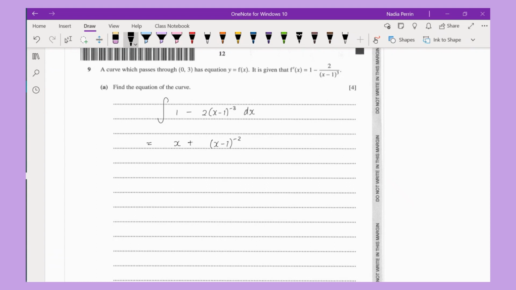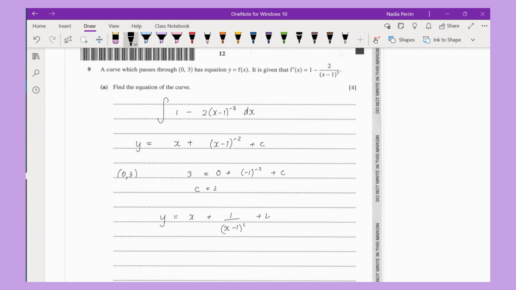And then we're going to add c on the end. Now we know that the curve passes through those points, so we can chuck in 3 for y and 0 for x. So c ends up being 2. So our equation is, if you want to make it on the bottom again, you can. That.